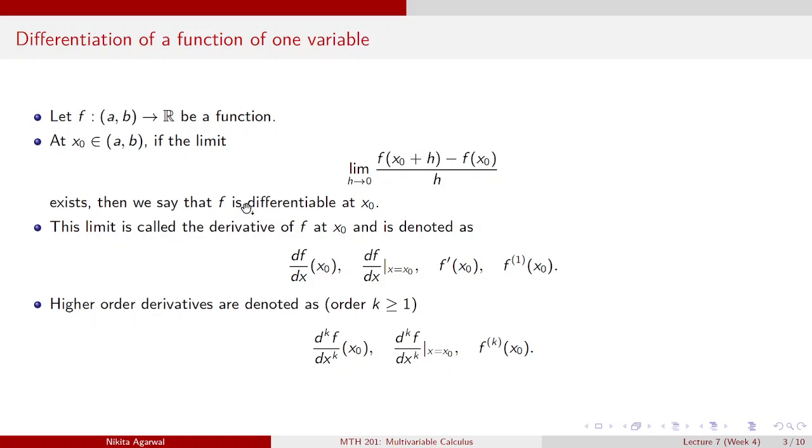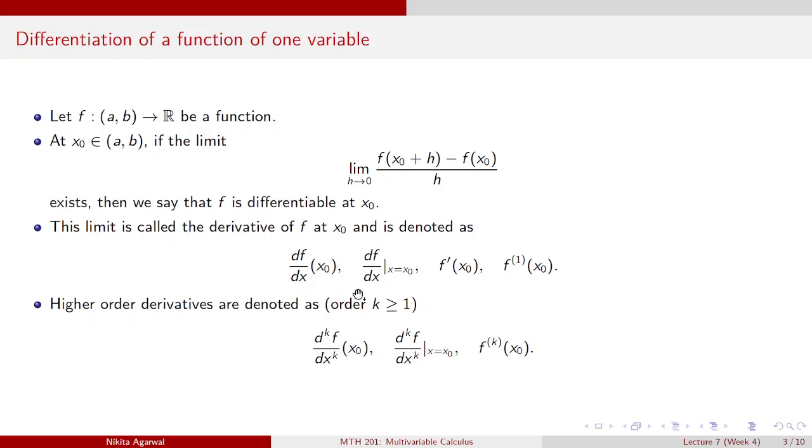If I start with a point x naught in this interval, I say that f is differentiable at this point if this limit exists, which is the ratio of f of x naught plus h minus f of x naught divided by h, which is nothing but the rate of change of f at the point x naught. Geometrically this was the slope of the tangent line at the point x naught comma f of x naught on the graph of the function f.